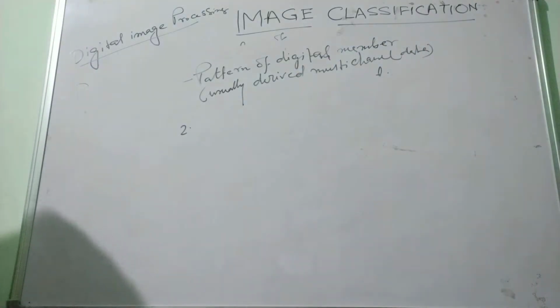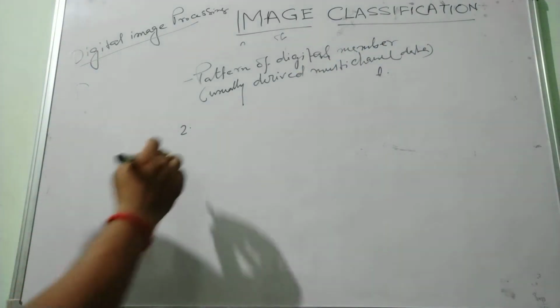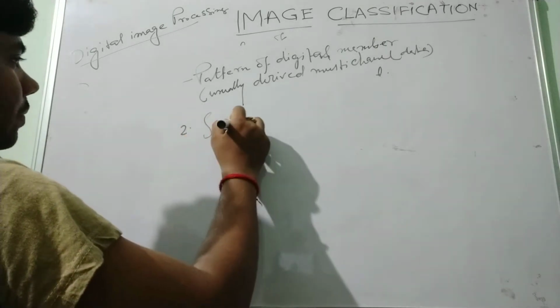Second, spatial relationship with neighboring pixel.